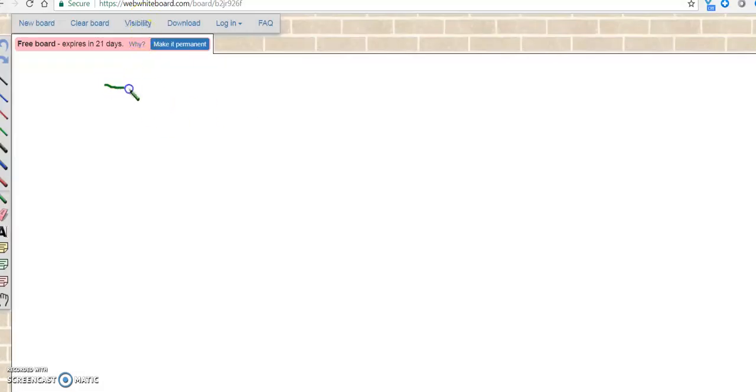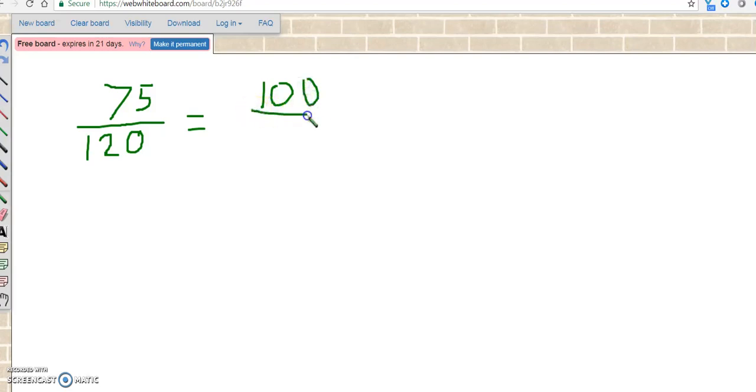We have a 75 over a 120, and we have a 100 over an x, okay? When you're moving things around, you want to get the x on one side by itself. I always tell students they want to get their x by themselves. They want their x to be alone, so we want the x on one side.